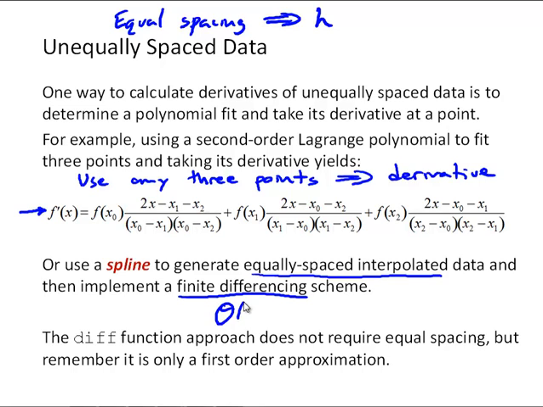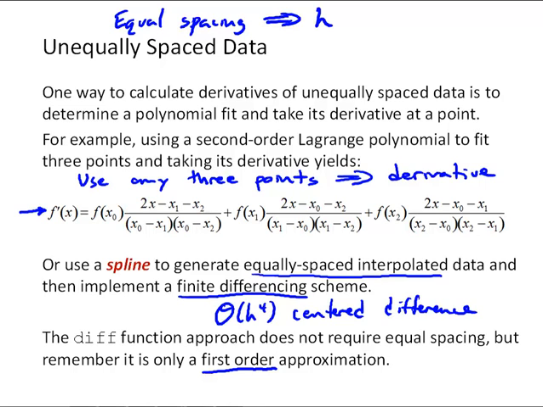So for example, we could use a fourth order center difference. As I said earlier, the diff function approach doesn't require equal spacing, but that's only a first order approximation. So it's generally better to take one of these other approaches.